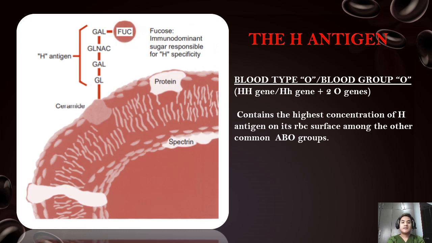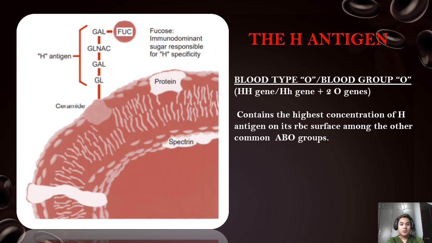Since inheritance of this gene is an autosomal recessive trait, there is no specific glycosyltransferase associated with its inheritance, and that's exactly why blood group O individuals do not contain the A and B antigens in their erythrocyte membranes.